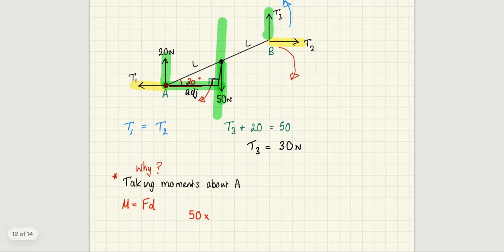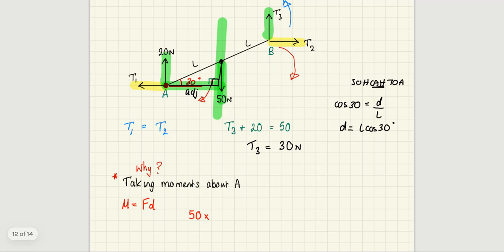So we're looking at right angled triangles, adjacent angles, so SOHCAHTOA. So we're looking at cosine. So cosine of 30 equals the distance that I want divided by L. So the distance is L cos 30.